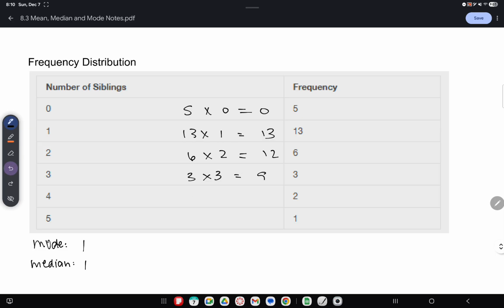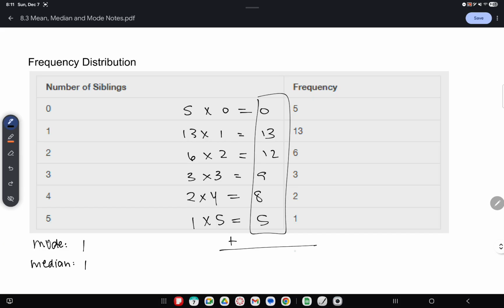I have 2 4s, which makes 8. And I have 1 5, which makes 5. This is a lot easier to add up than doing it all individually. So let's see, 12 and 8 is 20, 33, 38, and 47.